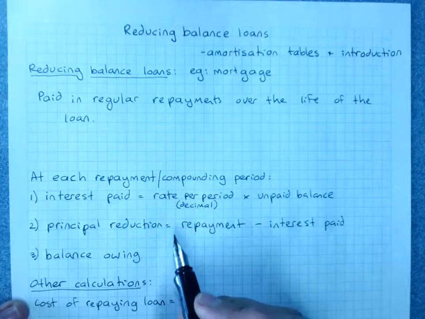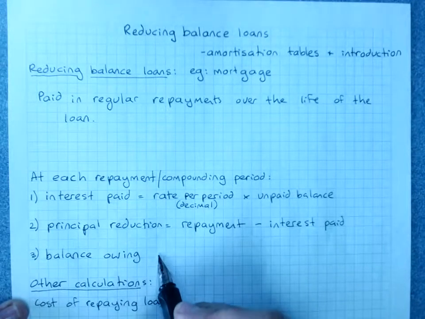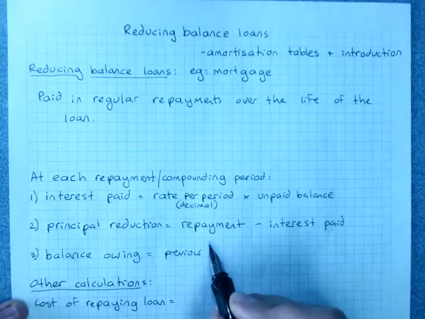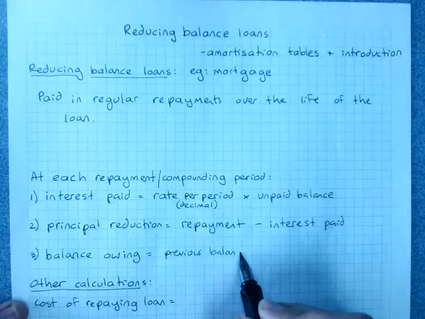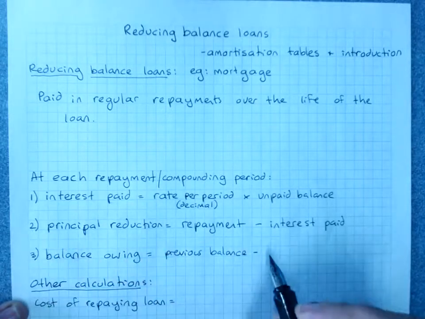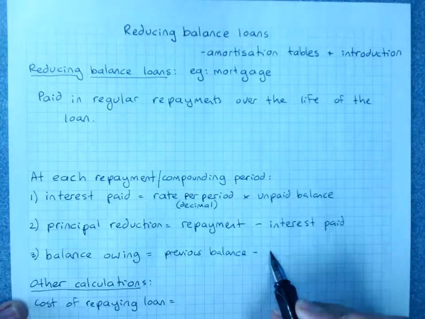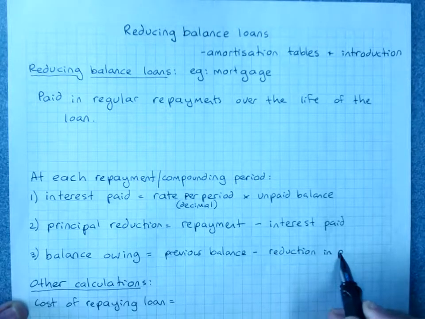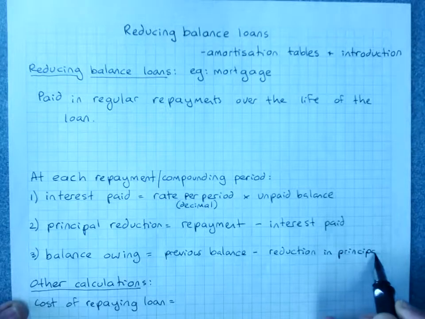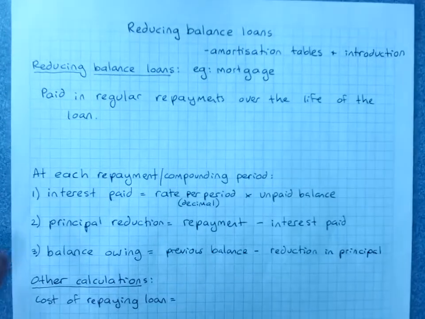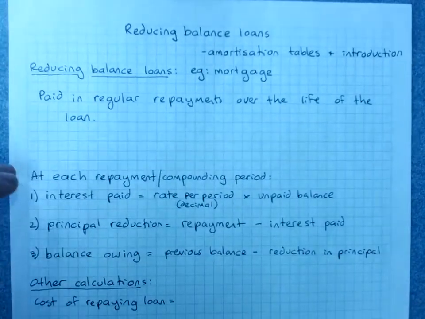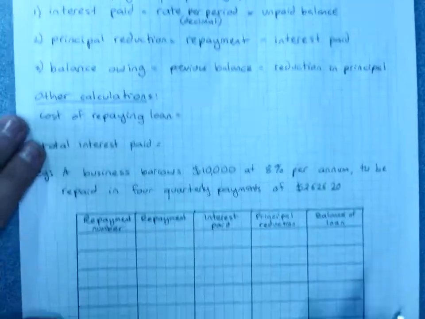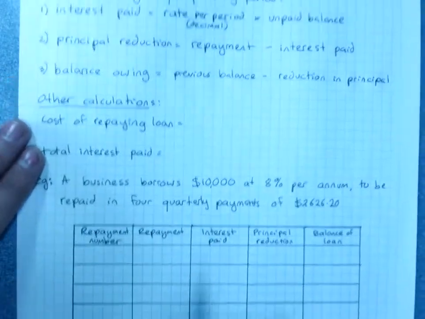And that is the previous balance owing minus the reduction in principal. And we'll work through a table to show what's happening at each repayment period. Now, other calculation, it'll look like this, a table per payment period.